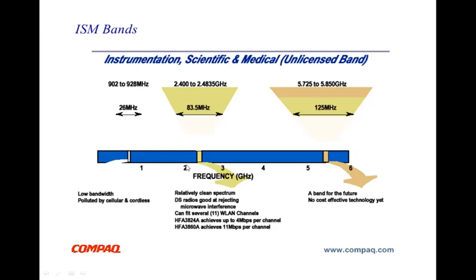Another band is at a bit higher frequency, in gigahertz, 2.4 gigahertz to 2.48, that is almost an 83.5 megahertz band. Another important one is a 125 megahertz band at a higher frequency, that is 5.7 to 5.8 gigahertz.